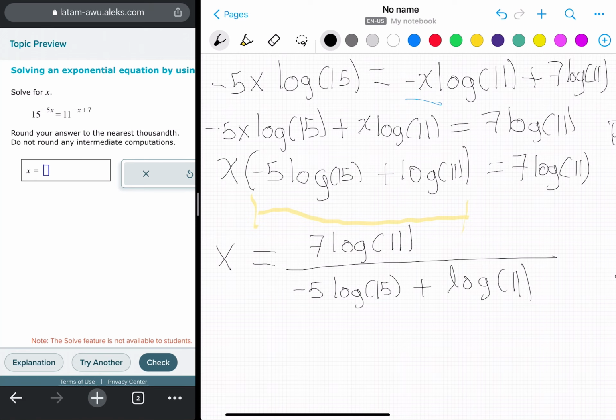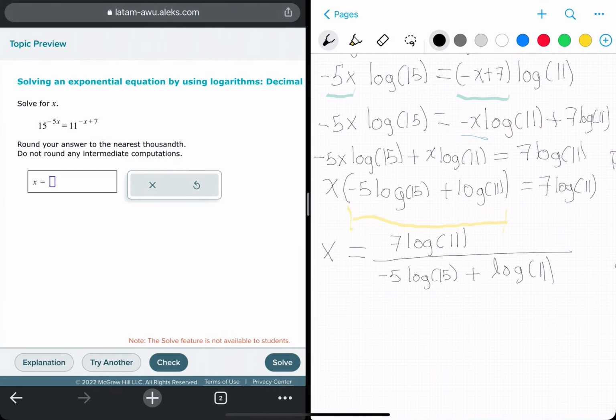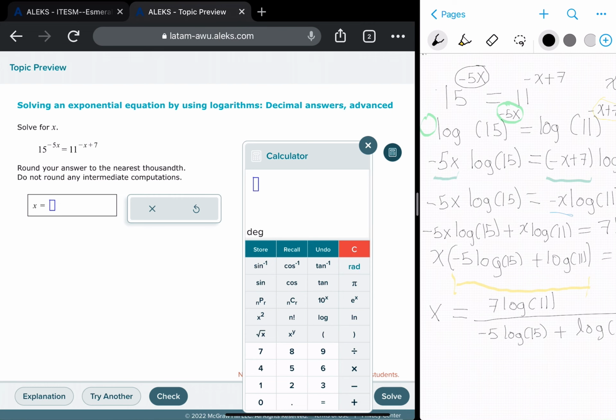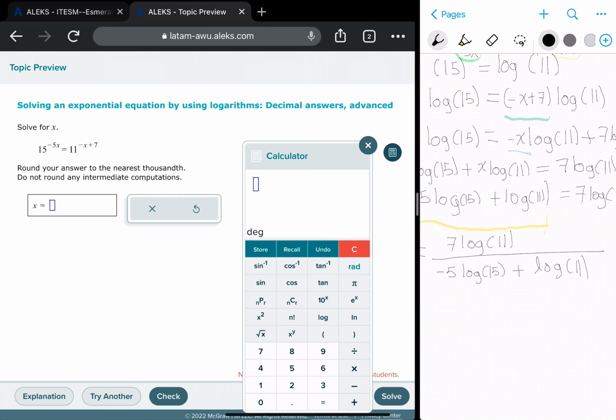I just need to write this in decimal form. For that, I will use Alex calculator. I have Alex calculator here, so I want to do this in the calculator, which is going to be 7 times the logarithm of 11. And in the denominator I have minus 5 times the logarithm of 15 plus logarithm of 11 again.